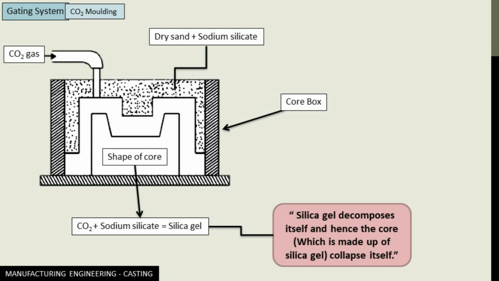The silica gel has good strength for the initial few hours, and after that it itself collapses. It starts decomposing by itself, and when it completely decomposes, the core collapses, which is very much desirable in creating a hollow casting.